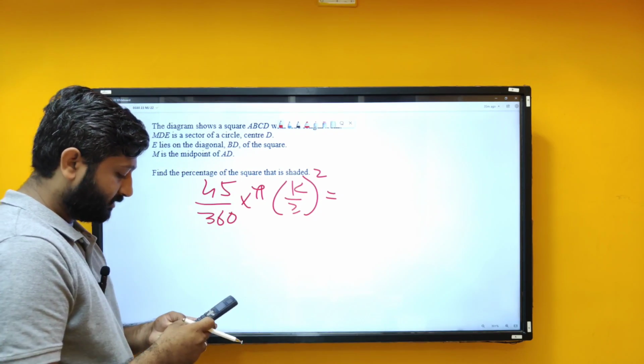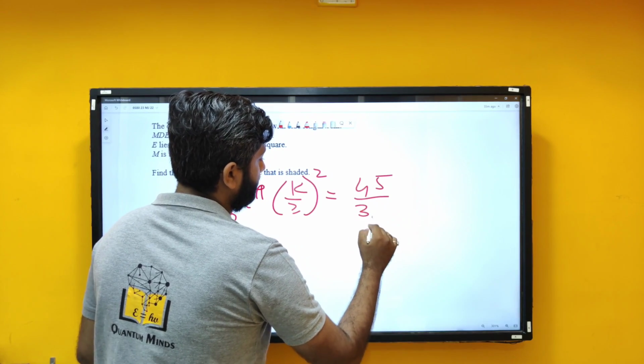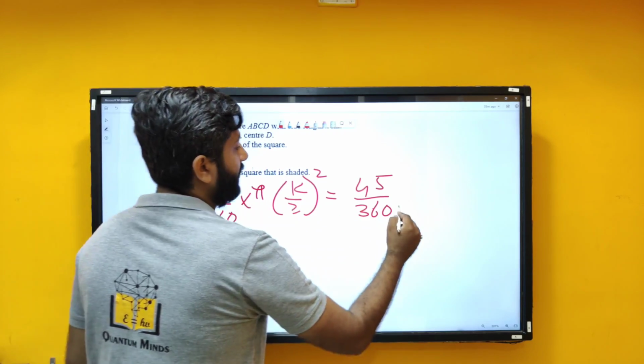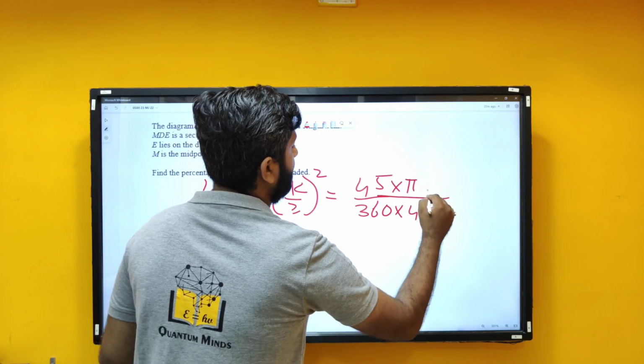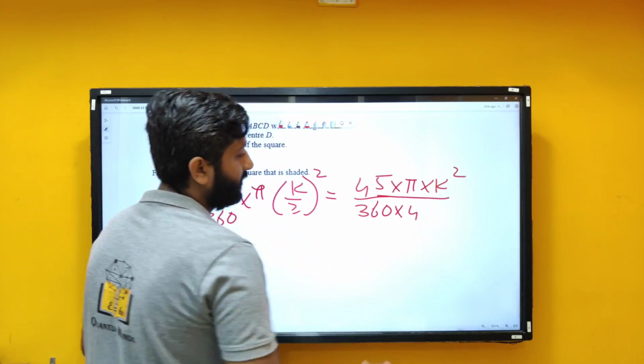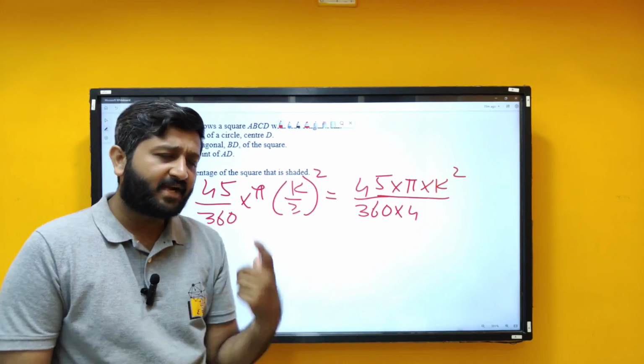So I think which is 45 upon 360 into 4 into pi into k squared. This is my sector area, right? Now what is the shaded region?